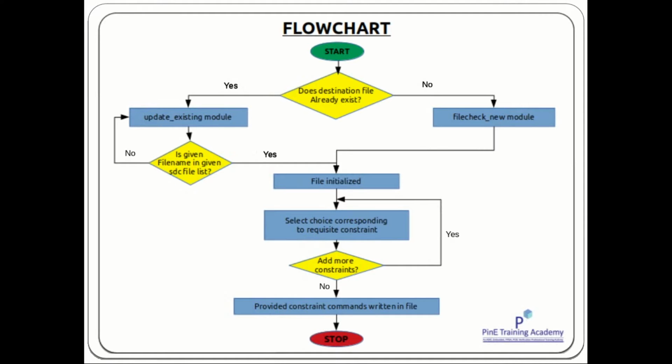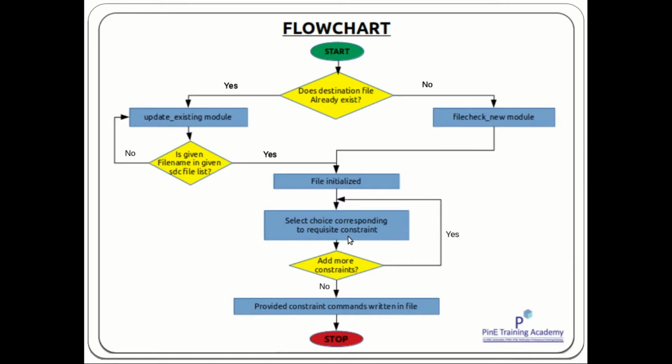After the initialization of the file, a list of commands corresponding to the user requirement is given to add the constraints. After selecting the choice and filling up the parameters, if the user wants to add more constraints, it asks whether he wants to add more, and the user has to give the input as yes or no. If the user gives yes, then it again gives the choice to the user and the parameters are added.